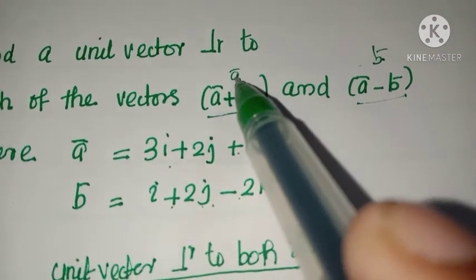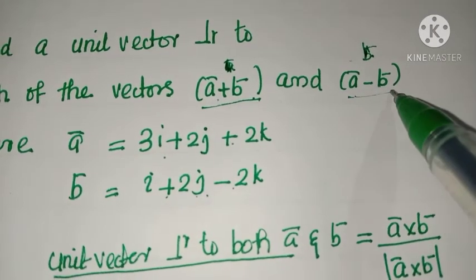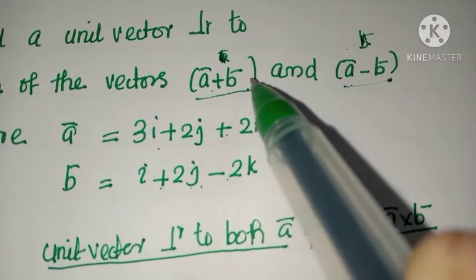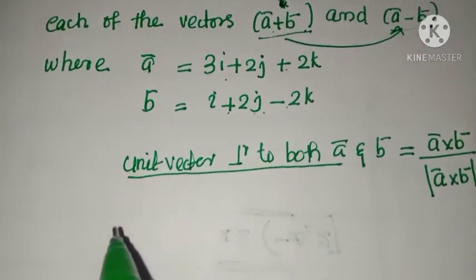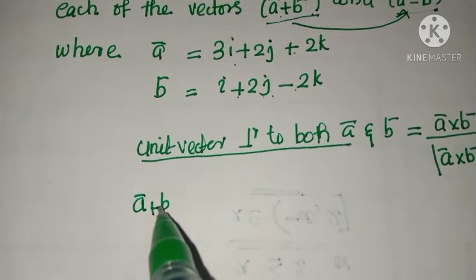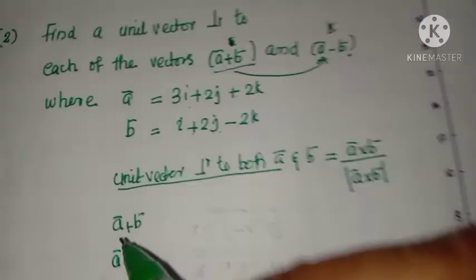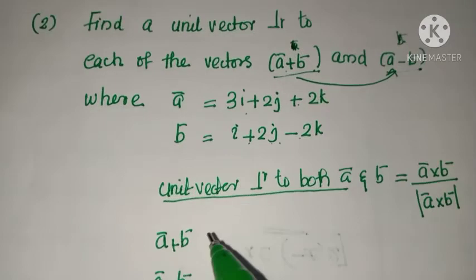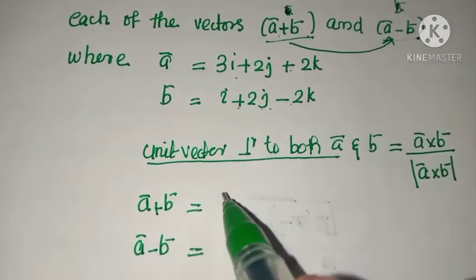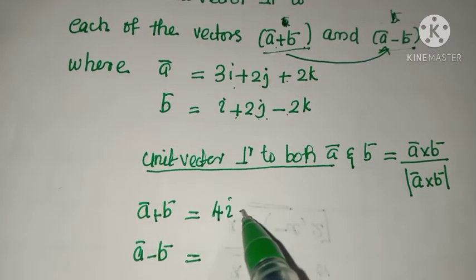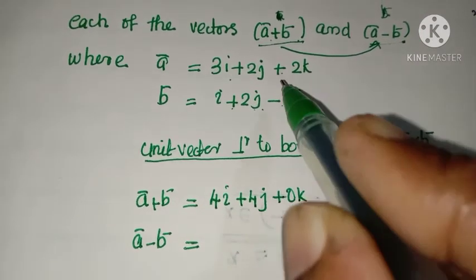So instead of vector A and vector B, it is A plus B and A minus B. So here we need to find cross product of these two vectors. First we want to see what is A plus B and A minus B. What is A plus B? 4i plus 4j plus 0k, just add.